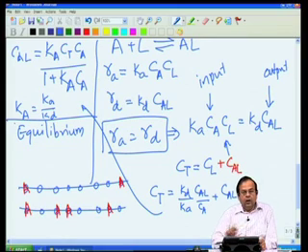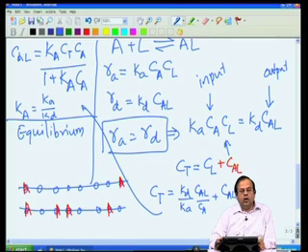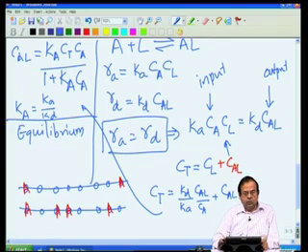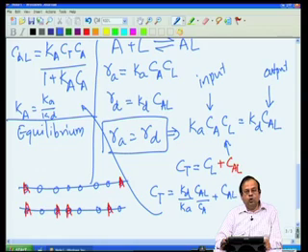So, KA is actually nothing but an equilibrium constant, the ratio of the adsorption rate constant to the desorption rate constant, and that you can see from here itself. Ka by Kd will be Cal by Ca into Cl, and that is nothing but our equilibrium constant. So, that is that KA.